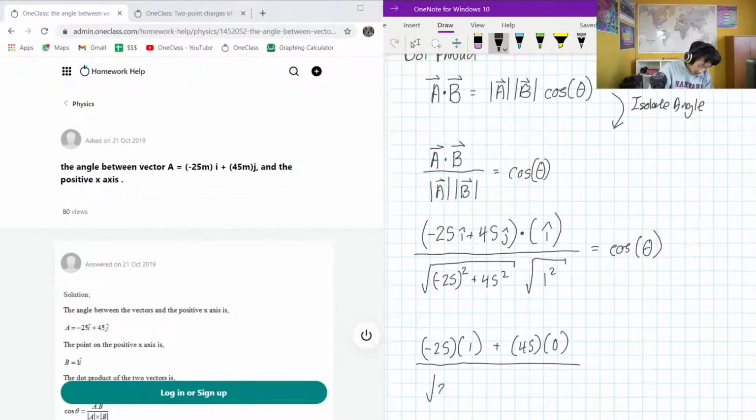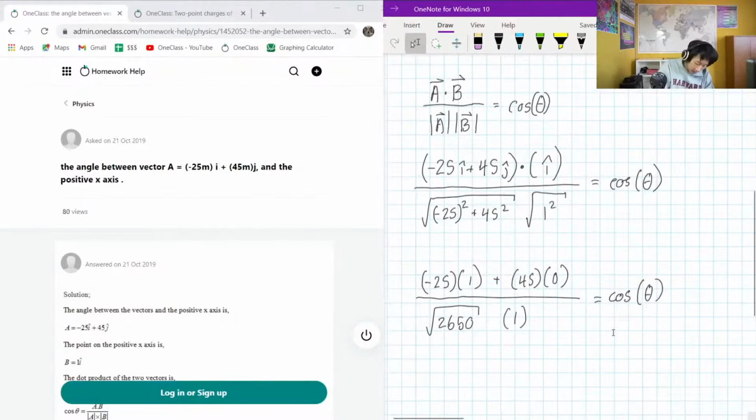So this is the square root of 2650 times 1. I guess we'll write that there just to be 1000% clear. Equals cos theta. Okay, so on the top, as we can see fairly clearly, the second term is just going to be zero, so we don't need to worry about that anymore. Now it will just be negative 25 over the square root of 2650.